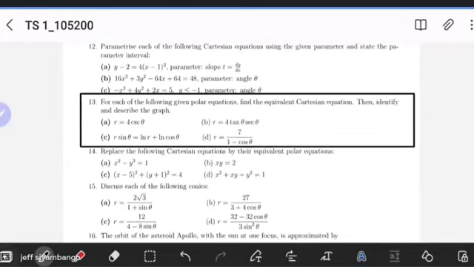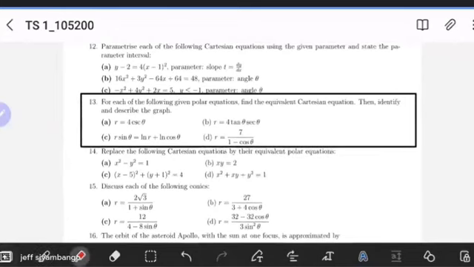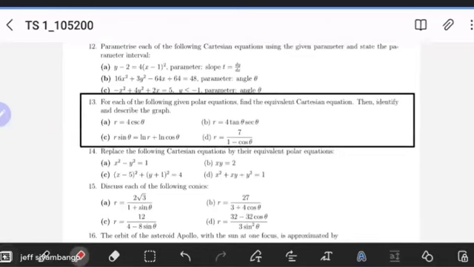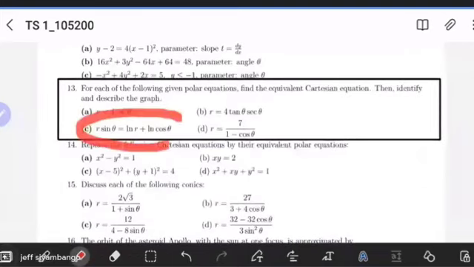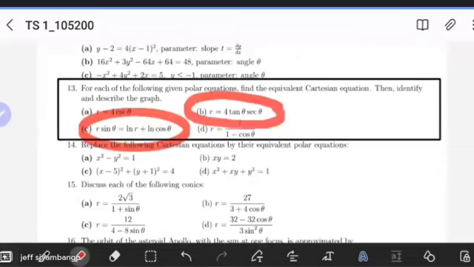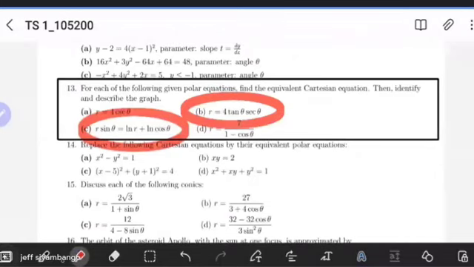And from this question, the interesting questions that I observed or noticed were C here. C was interesting, and also B. Everything else seems ordinary, so I will leave the ordinary ones for you guys to try.